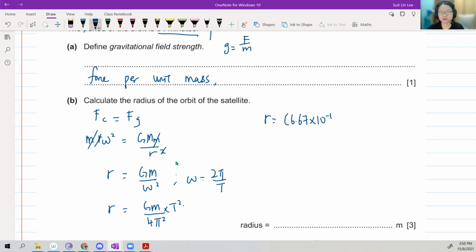6.67 times 10 to the power of negative 11. Mass of the Earth is 6 times 10 to the power of 24. T squared is 94 minutes times 60, squared, divided by 4 pi squared. Testing the calculator. 4 times 60 squared.